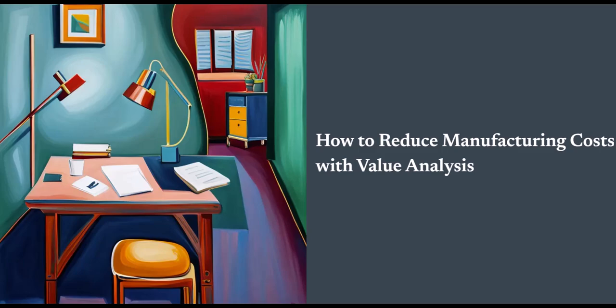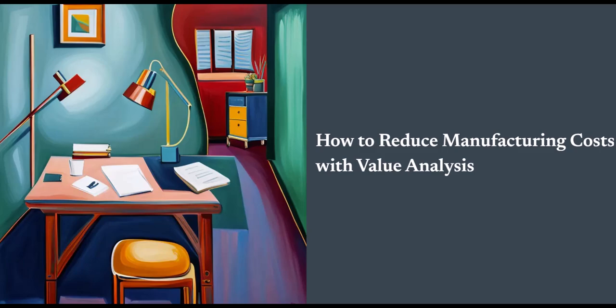So, how does value analysis play out in the manufacturing world? Let's consider a few key reasons why it's so instrumental. First and foremost, cost optimization. Manufacturing involves numerous processes, materials, and labor inputs. By dissecting these elements, value analysis helps identify cost-saving opportunities that might otherwise go unnoticed. Then there's quality assurance. By honing in on essential functions and eliminating redundancies, value analysis often leads to a more streamlined and effective product.